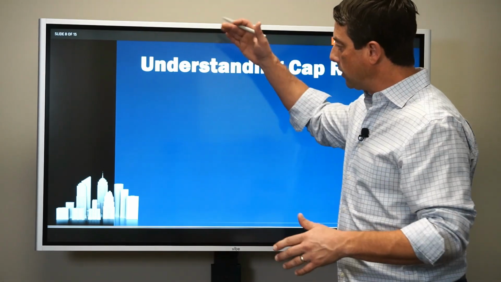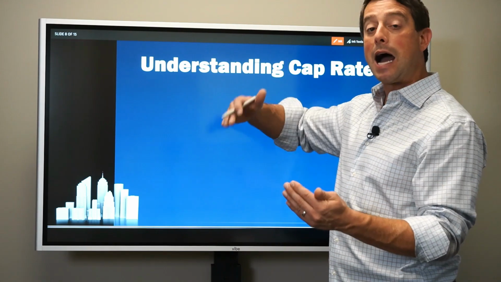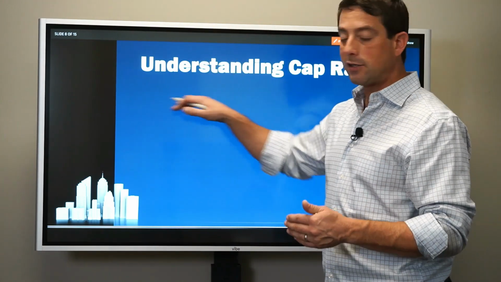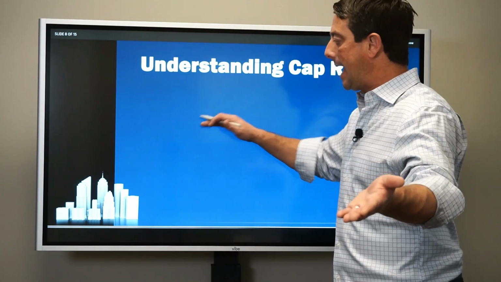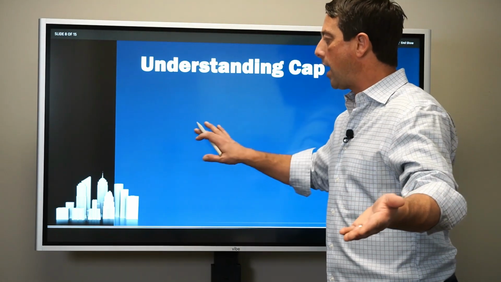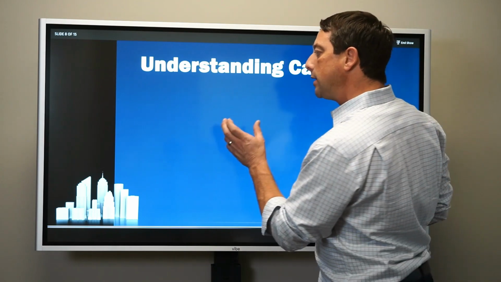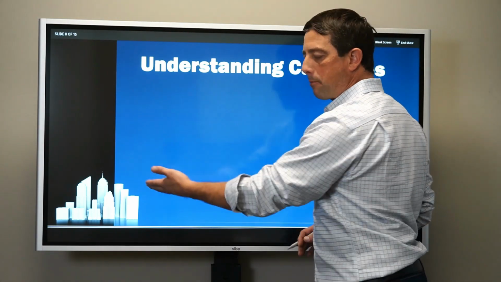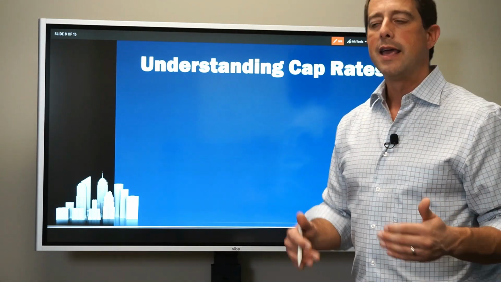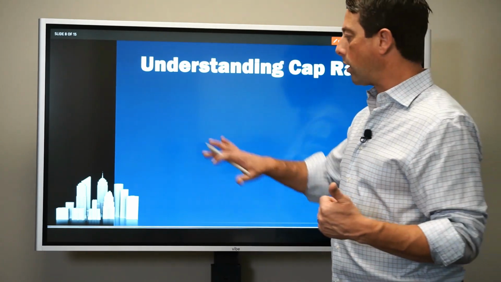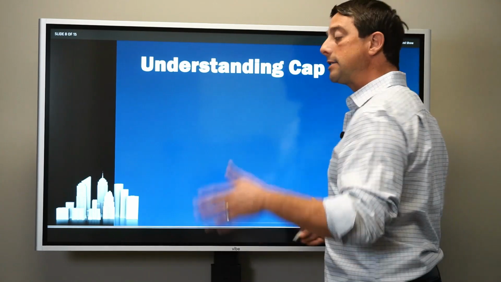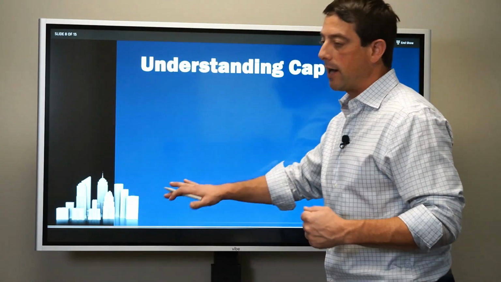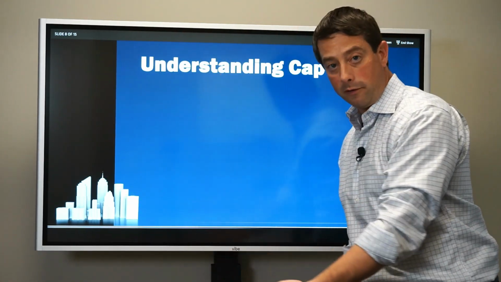Typically the lower the cap rate means the higher the price based on that NOI. So if you're paying an 8 cap rate for an NOI and I come along and say, gosh, I'm willing to pay a 7 cap rate for that NOI, then I am paying more for the same property than you're paying. And if someone else comes along and says, hey, I'll pay a 6 cap rate, then they're paying even more for the property.